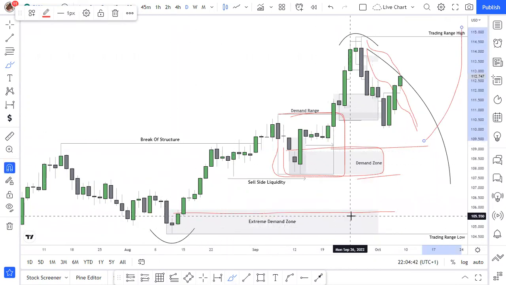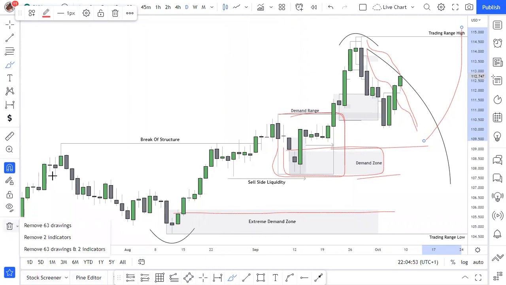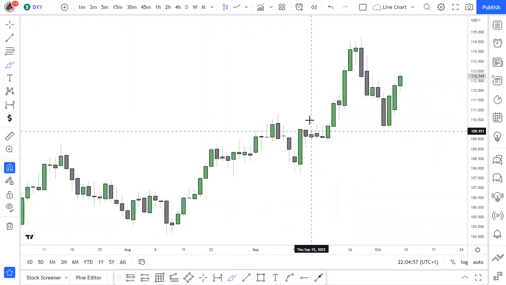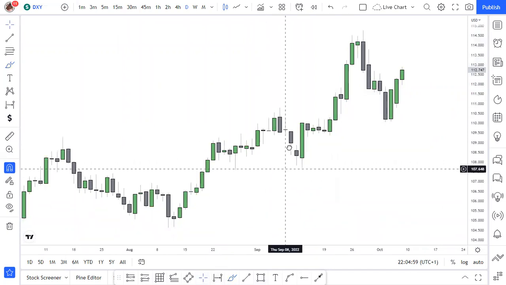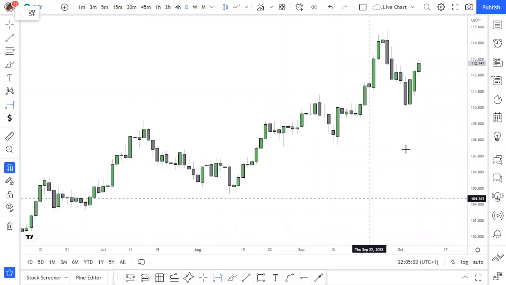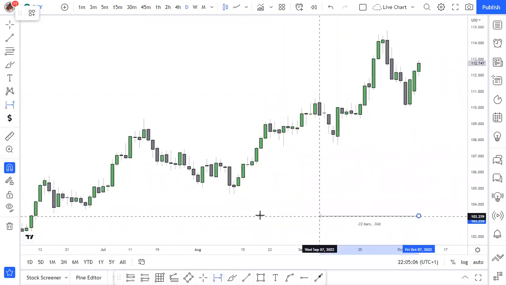So this week we'll be doing more of some kind of recap and just the normal outlook thing we normally do. So starting off here on the dollar index daily time frame, I'll first of all map out my trading range. So I normally use the last 60 trading days.